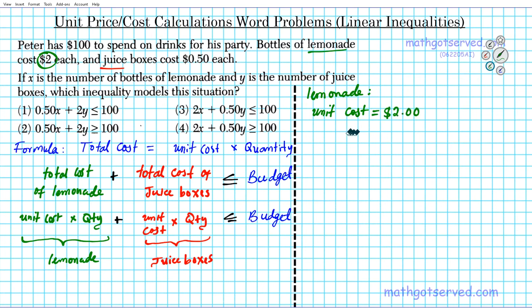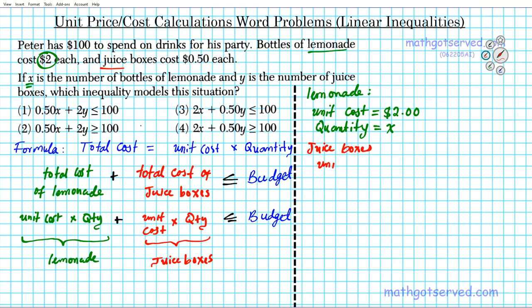And then what's the quantity? How much lemonade did you buy? The problem specifies that X should represent the number of lemonades, so X is for the number of lemonades. Then we're going to go into the juice boxes. In that case, what's the unit cost?